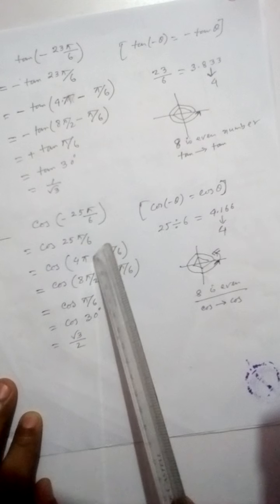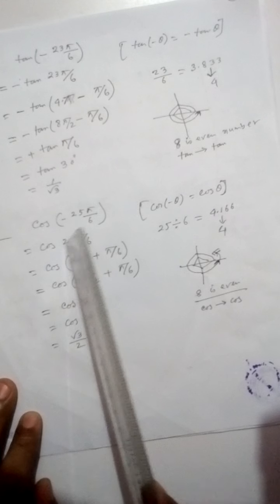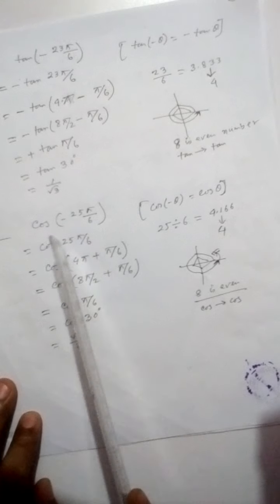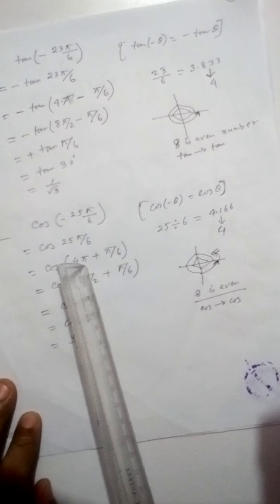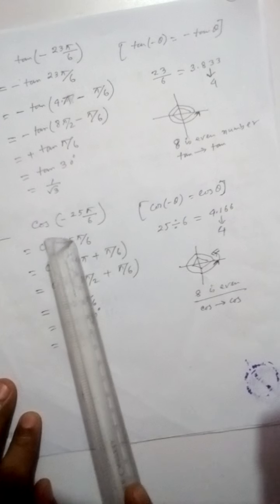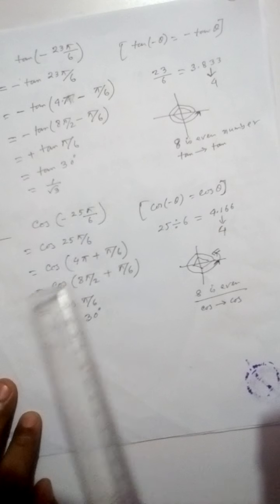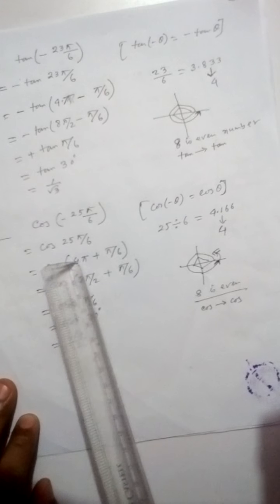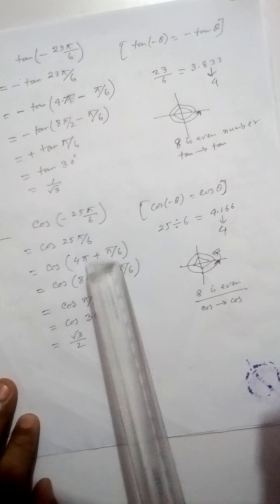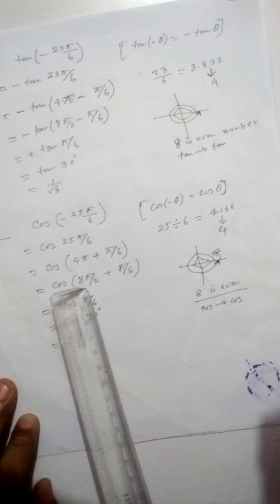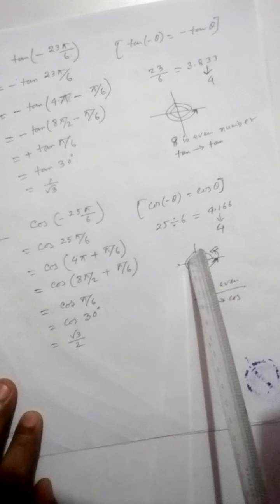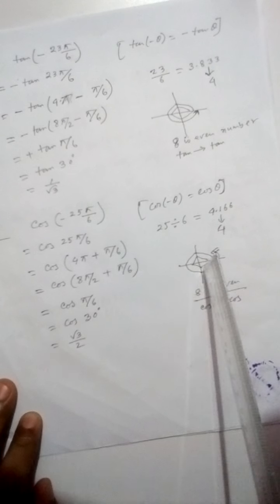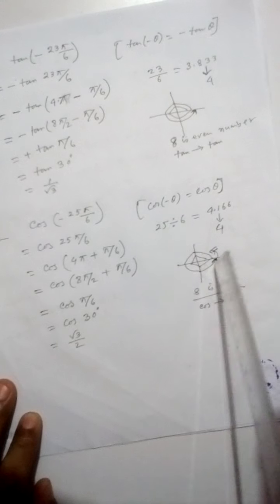Before with minus we got 23, which was right, but here we have 25, so we use the plus sign. 24 plus pi means 25 pi by 6. Then cos 4 pi means 8 pi by 2 plus pi by 6. Now we calculate the quadrant: first, second, third, fourth, fifth, sixth, seventh, 8.